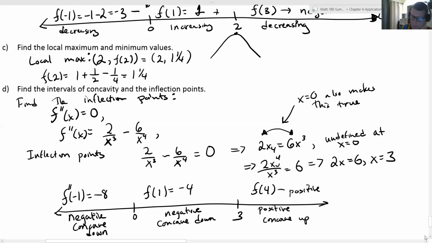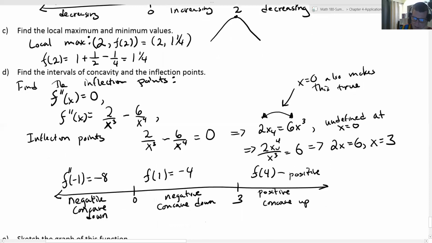So we have an inflection point at x equals 3, okay? And we're concave down on negative infinity to 0, okay?